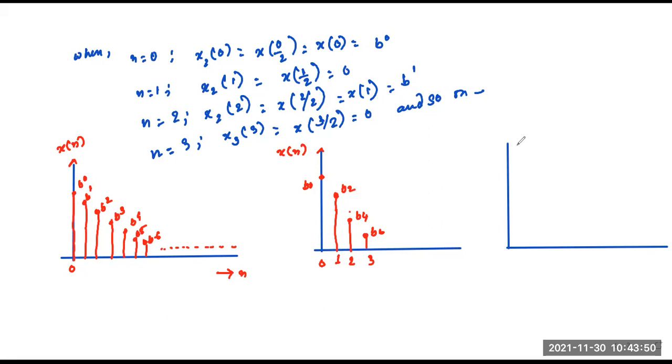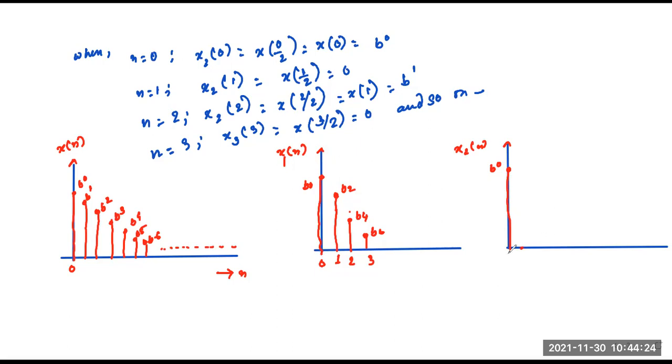Okay. This is x1 of n. Next for the x2 of n. The first is b0, no problem. Next is b1.